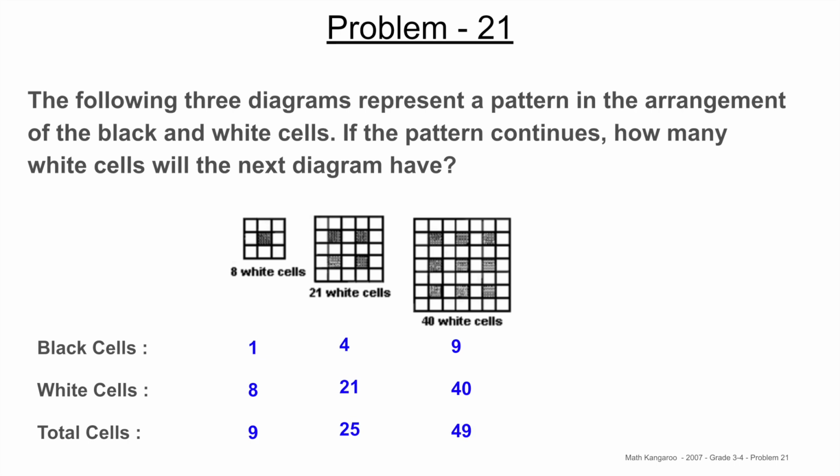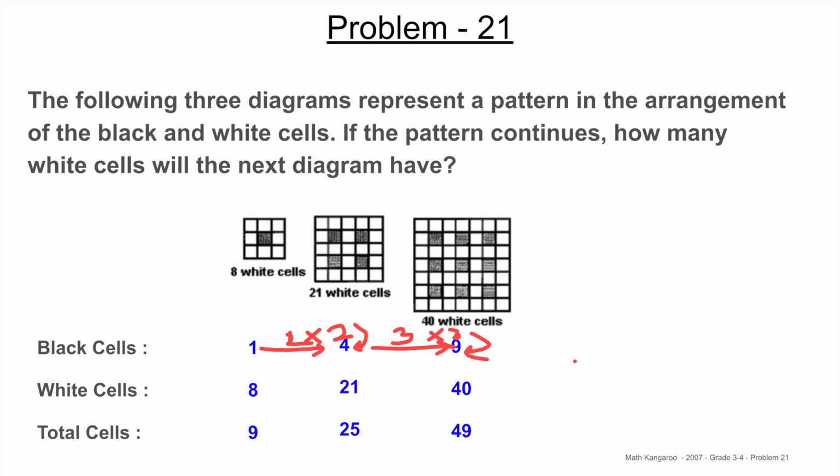Now check the list of the black cells. Do you see a pattern in it? Yes, they increase by 1 and then multiply by itself. So 1 increases to 2, multiplied by itself gives us 4. 2 increased by 1 gives us 3, and 3 multiplied by 3 gives us 9.